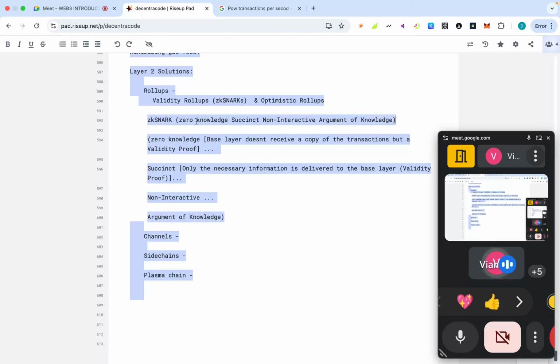So zero knowledge in this case means that the base layer doesn't get information completely about the transactions, but just the validity proof. We're going to see what a validity proof is. And succinct in this context means that only the necessary information is delivered to the base layer. So the base layer does not need to know about the transactions, but only a proof that these transactions have been executed and are authentic.